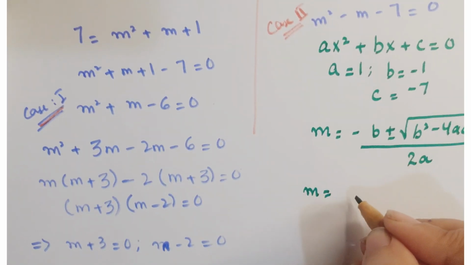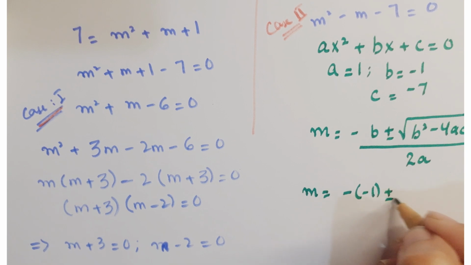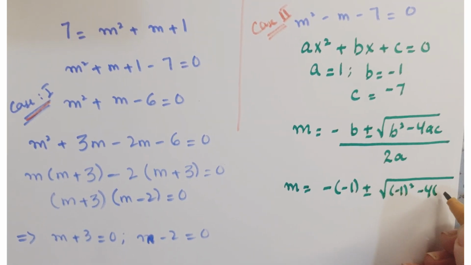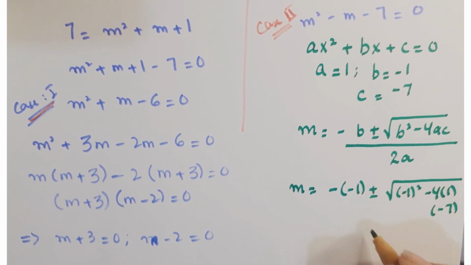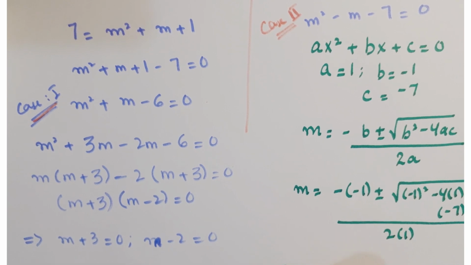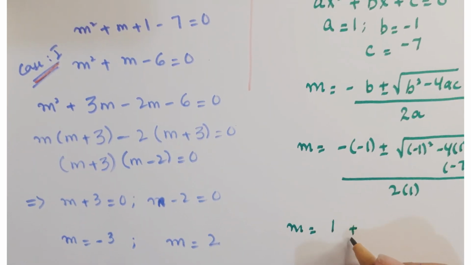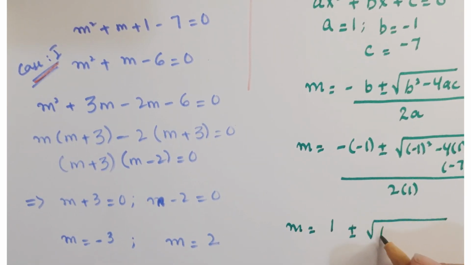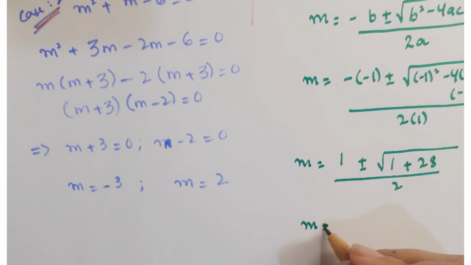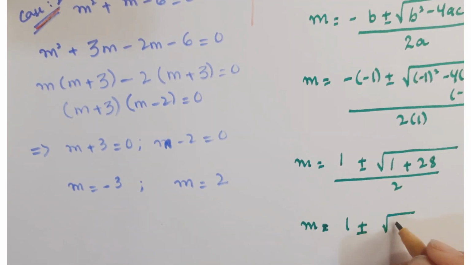So we have m is equals to minus of minus 1 plus minus under root (minus 1) square minus 4 into 1 into minus 7, upon 2 into 1. So m is equals to 1 plus minus under root 1 plus 28 upon 2. So we have m is equals to 1 plus minus under root 29 upon 2.